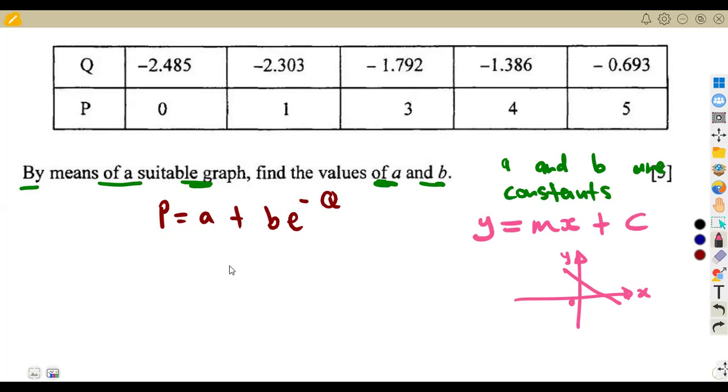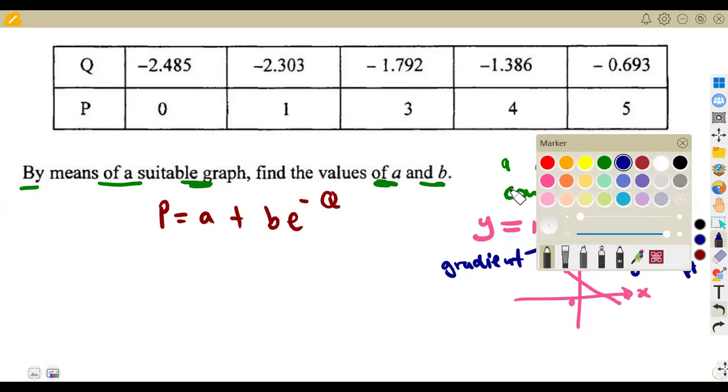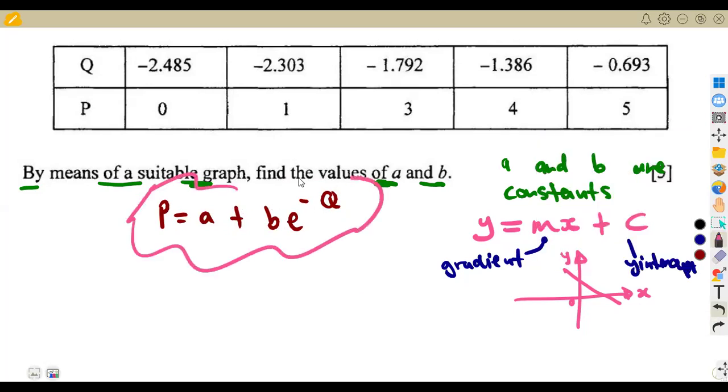Here m represents the gradient, as we know from O-level mathematics, and c is the y-intercept. It means we are supposed to rewrite this equation in this format.